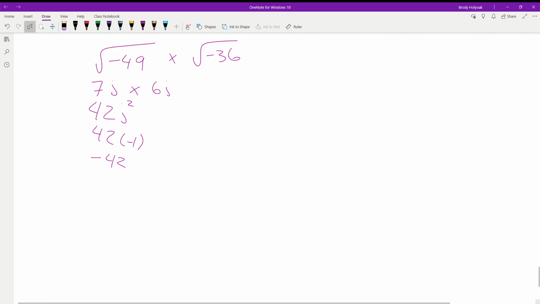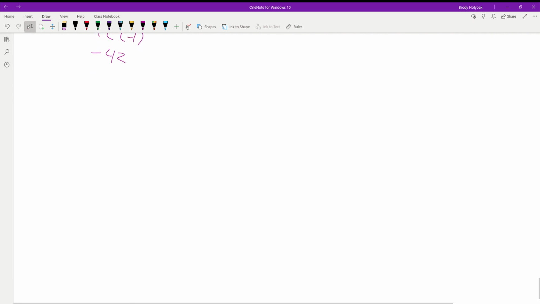Okay, another example with complex numbers and imaginary numbers. If we have 3 plus j squared 10 minus j squared 2 plus j squared 9 plus j.